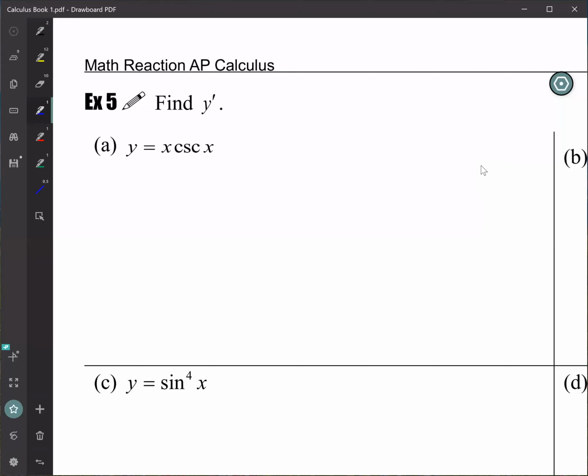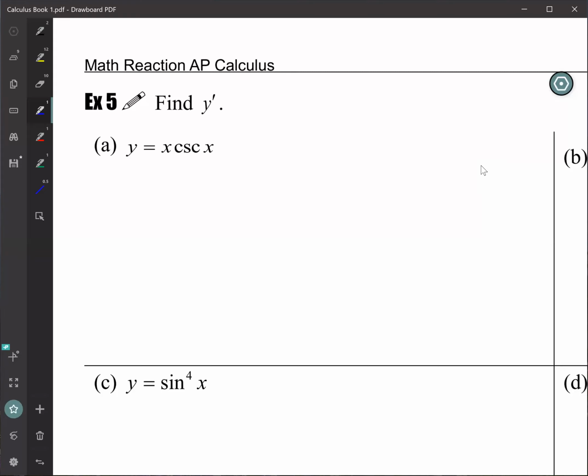Carrie, your turn. Okay, sine prime, cosine, and cosine prime, negative sine, tangent prime, secant squared, secant prime, secant tangent, cosecant prime, cotangent prime, cotangent prime, cosecant squared.